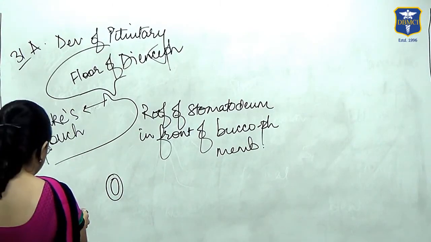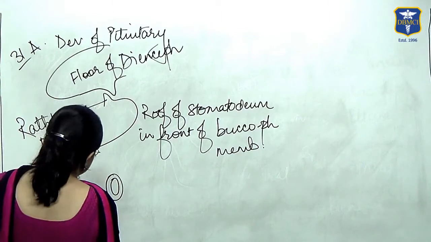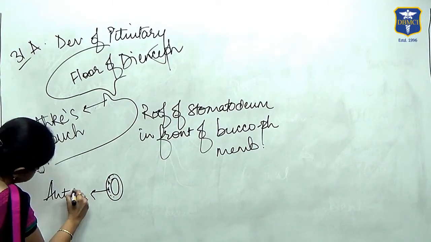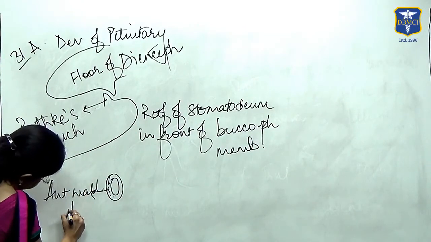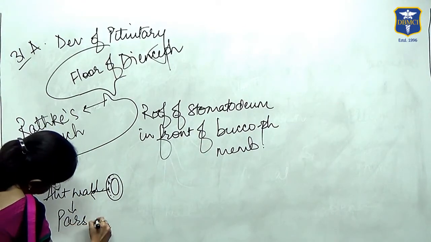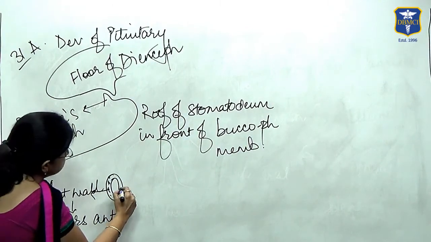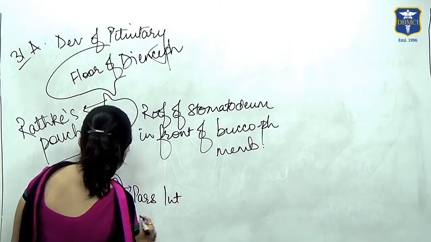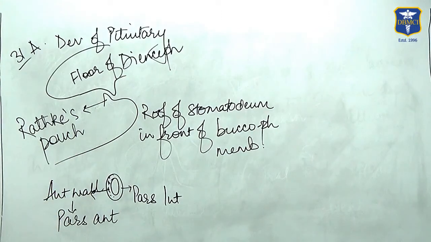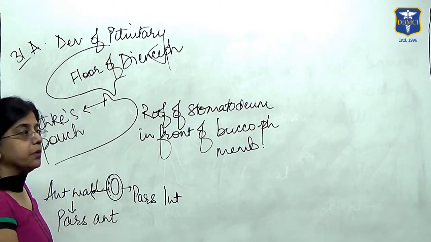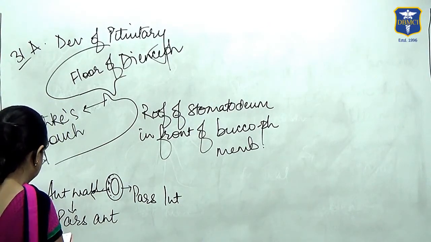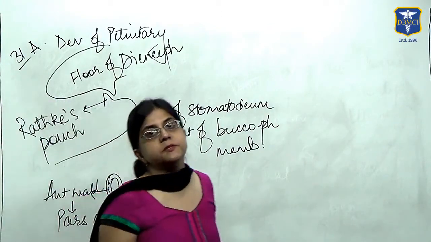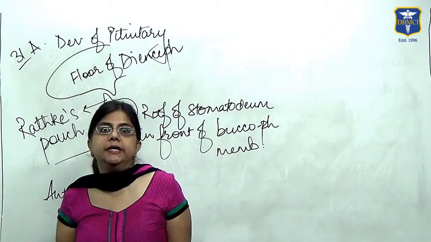The anterior wall of the Rathke's pouch will form pars anterior, whereas the posterior wall will form pars intermedia. The cavity of the Rathke's pouch persists as the cleft. The pars tuberalis is formed by the cephalic part of the anterior lobe.